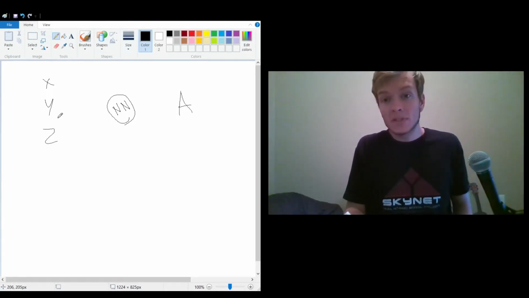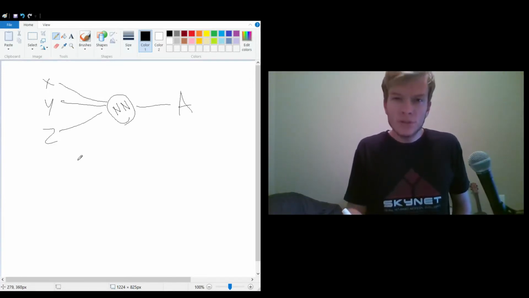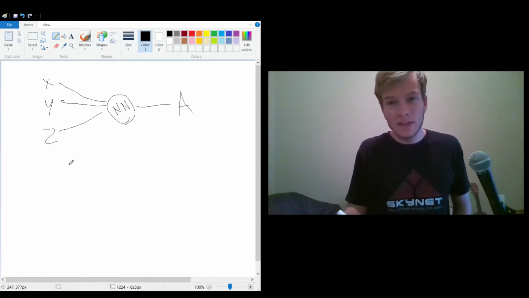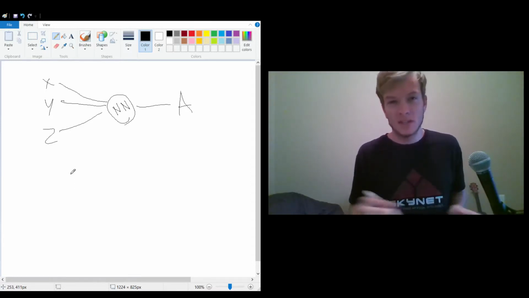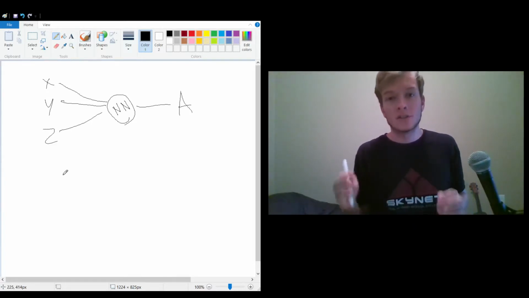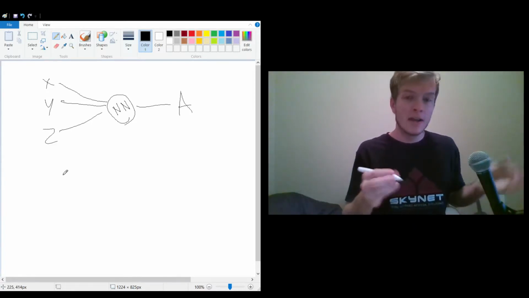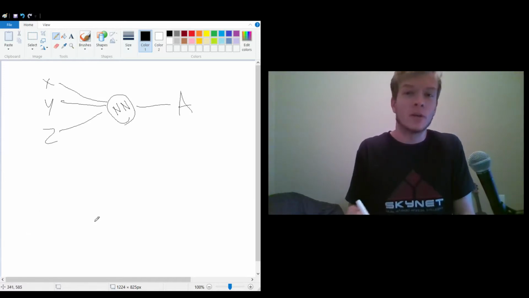Now, perhaps a random linear combination of these three inputs will completely explain A. But usually that's not the case. In life, there's a lot of dependencies, and even in the situations where there's not, we're usually making assumptions. A lot of physics-based and other things that have equations that are seemingly linear and independent with their variables, they aren't. They're usually approximations, and there's something going on behind the scenes.